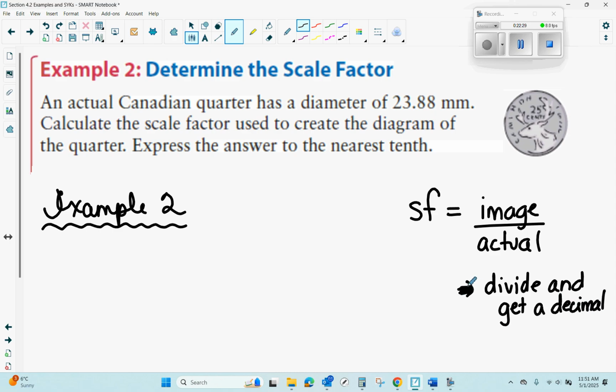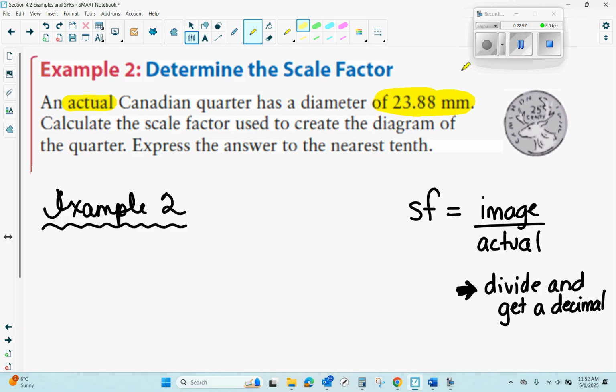That's how we find our scale factor. All right, an actual Canadian quarter has a diameter of 23.88 millimeters. Calculate the scale factor used to create the diagram of the quarter.